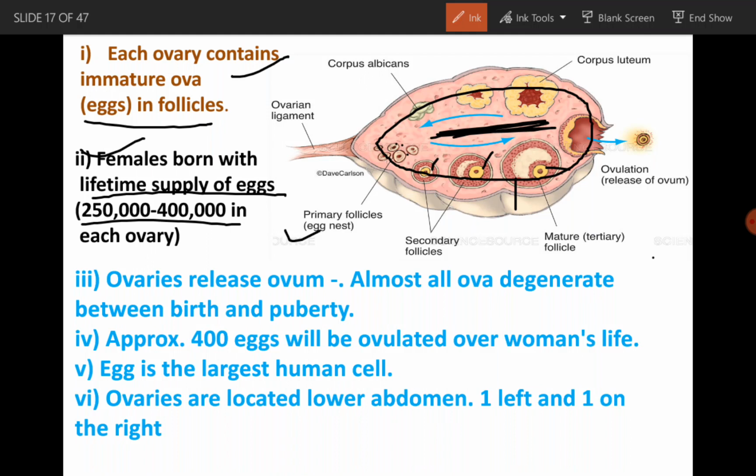When a girl baby is developing in her mother's uterus, at that time the process of oogenesis starts, and a number of oocytes, secondary oocytes especially, are formed in that particular female fetus.